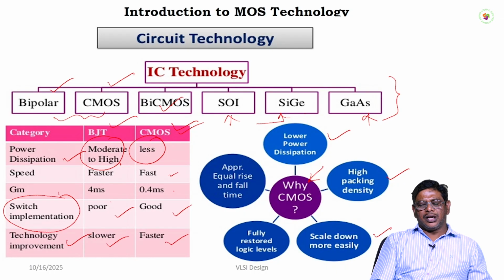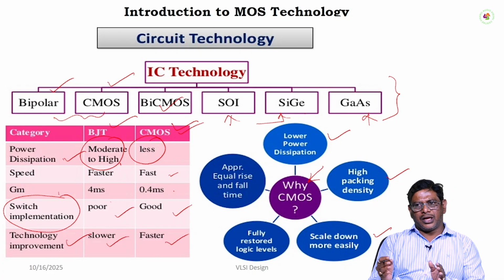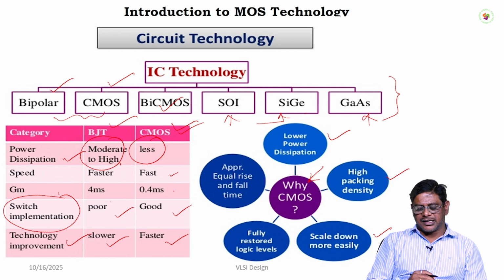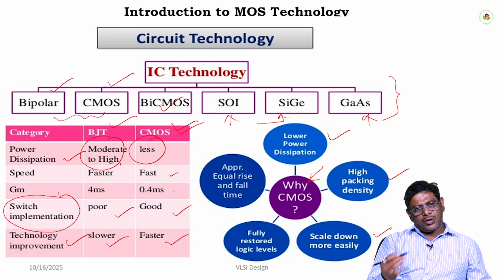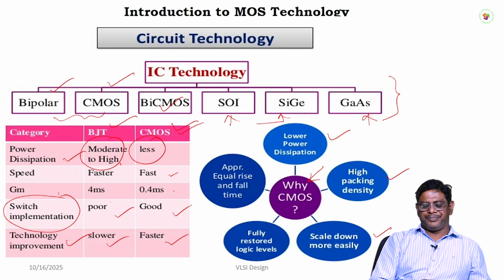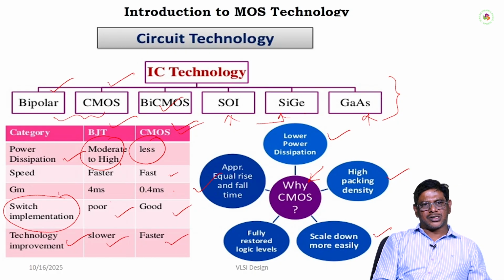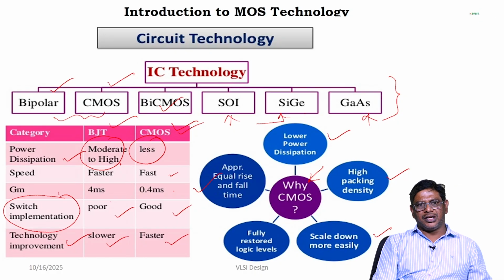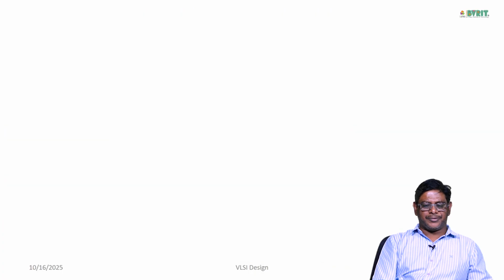We can integrate n number of components as per our requirements and accordingly scale down the technology. Therefore, we can have n number of functionalities in integrated circuits. It also has fully restored logic levels, so restoring logic is fully applicable in CMOS design, and it has approximately equal rise and fall times, whereas in BJT it is different. So considering all these advantages, we have moved on to CMOS designs and CMOS logic.